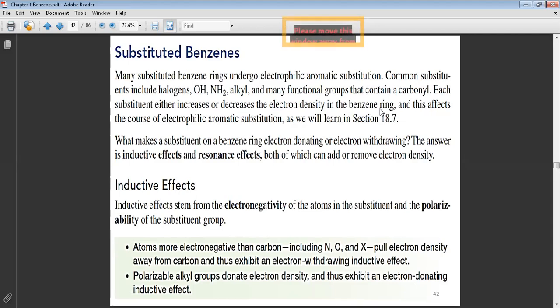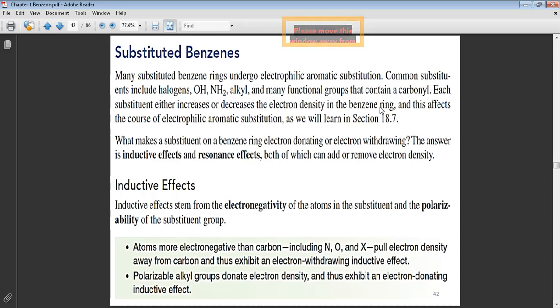That means we have two types of groups: groups that increase the electron density in the benzene ring, and groups that decrease the electron density on the benzene ring. This effect will happen for the electrophilic aromatic substitution.